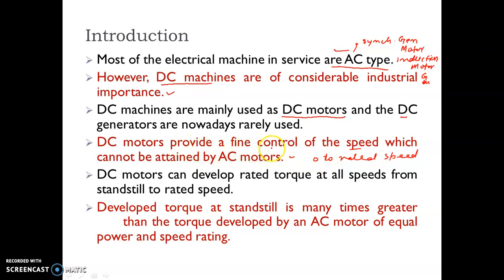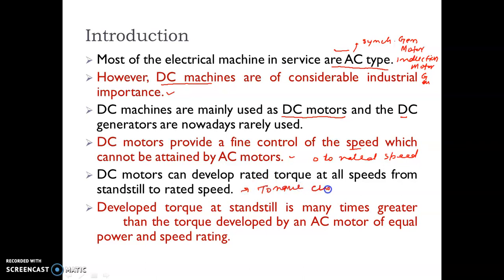A DC motor can develop rated torque at all speeds from standstill up to rated speed. The torque characteristic of a DC machine is also excellent.